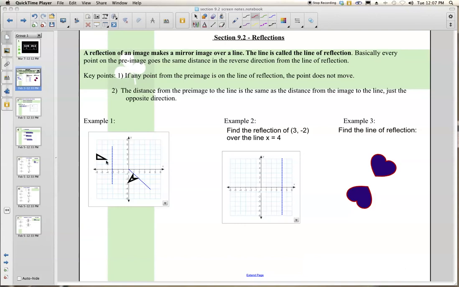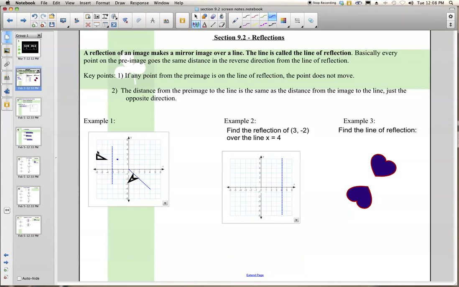For example, this point on my pre-image is 1 unit to the left. So if I'm going to reflect it, I'm going to keep it 1 unit away from the line, but go in the opposite direction. So if I was going left, I'm going to turn around and go 1 unit to the right.